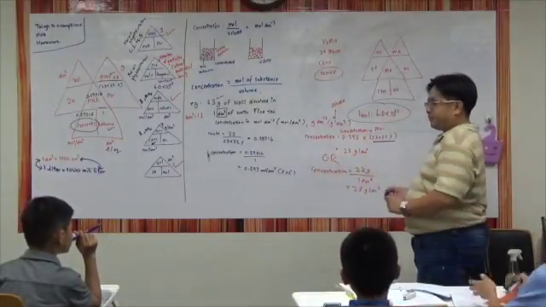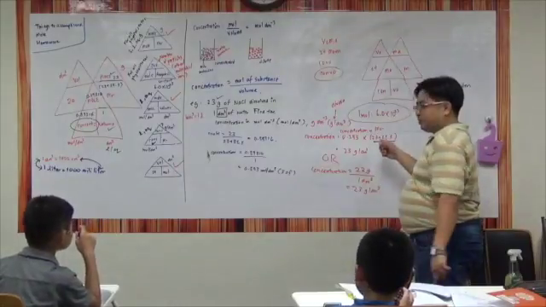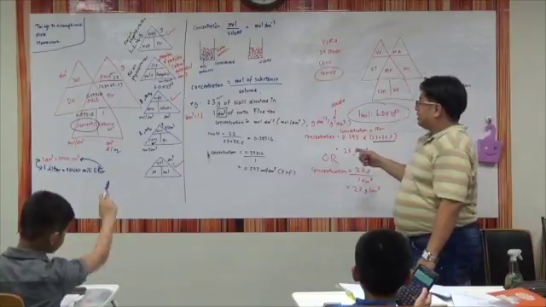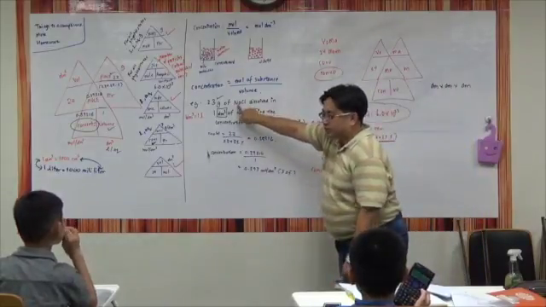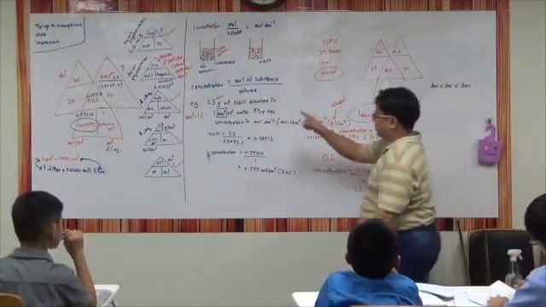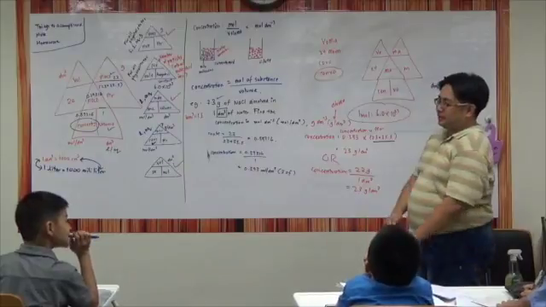Why is it 23? Because sodium is 23. Why is it 35.5? That's for chlorine, correct. So that's why it's 23 plus 35.5. Good.